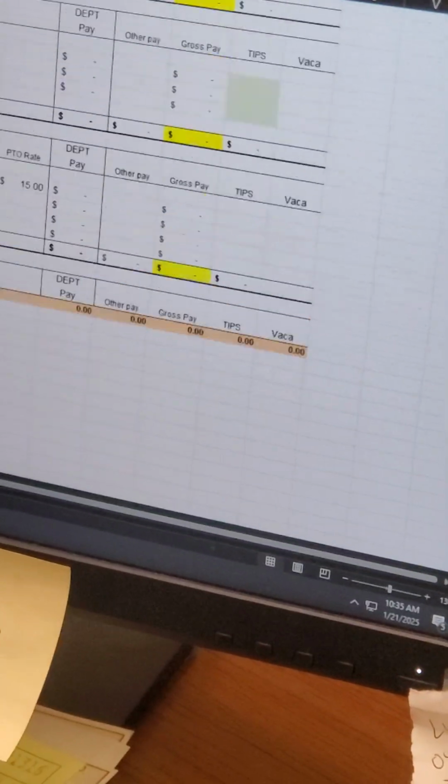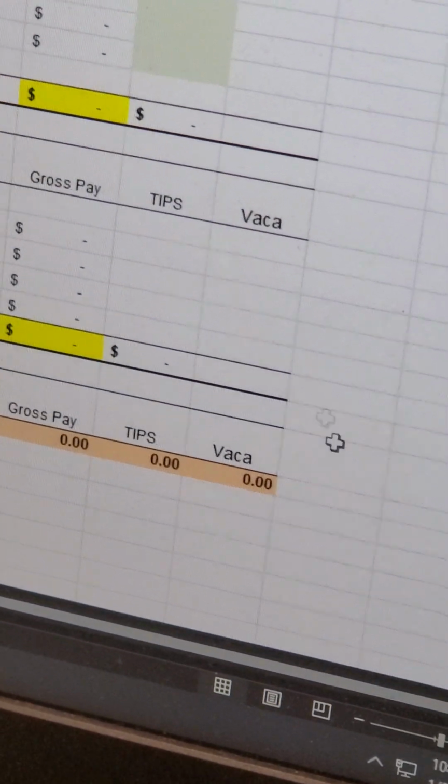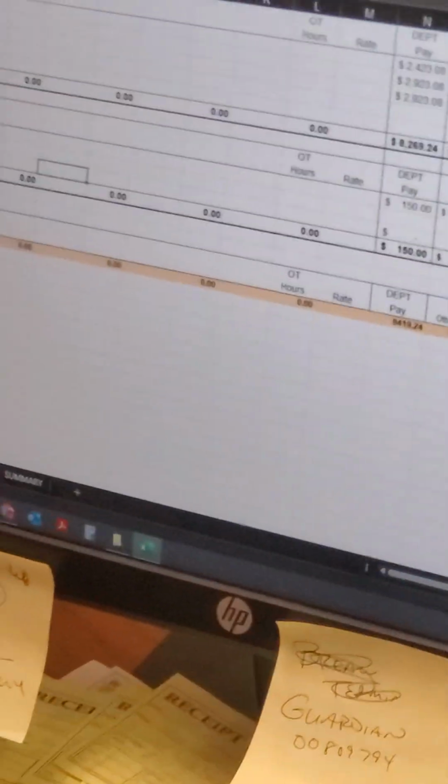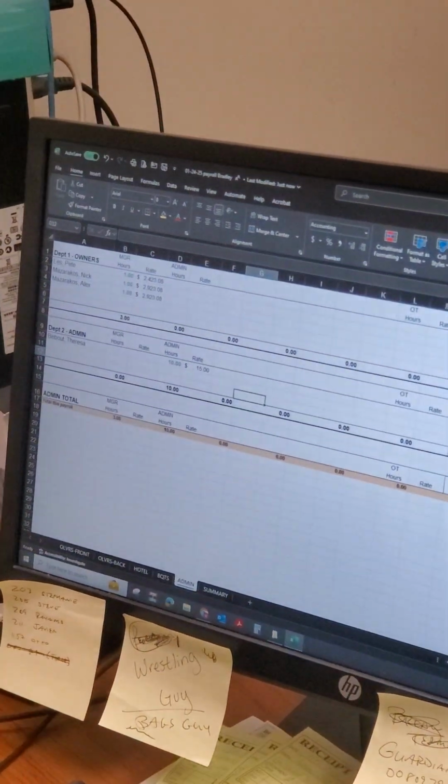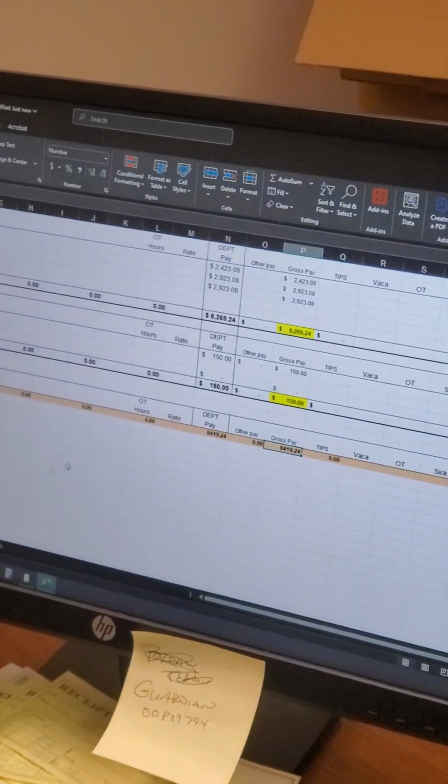So 0 is where you got to be. Over here, admin, so I usually leave admin here. Terry always gets 10 hours. So your total is 84.19.